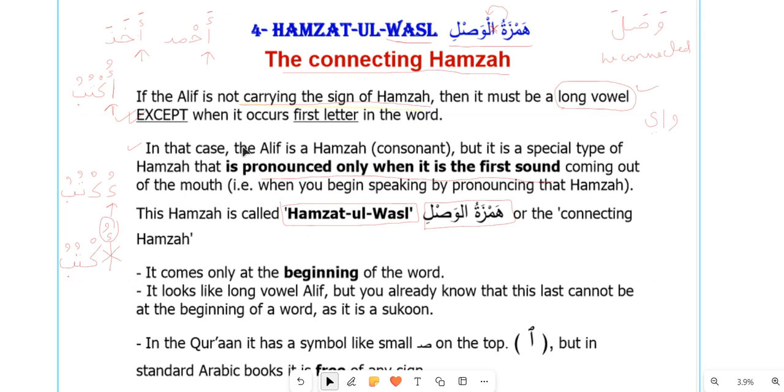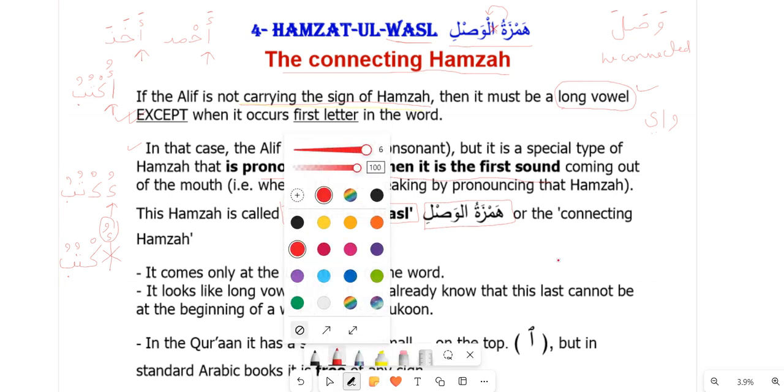And you already know this alif is just the seat. It's not the letter. It's not the consonant. And you know the alif is the other alif.